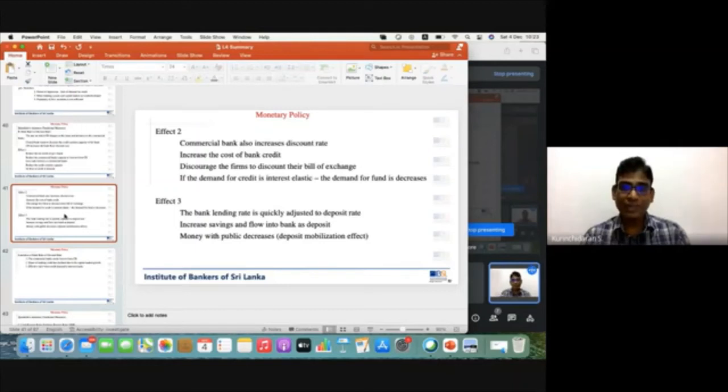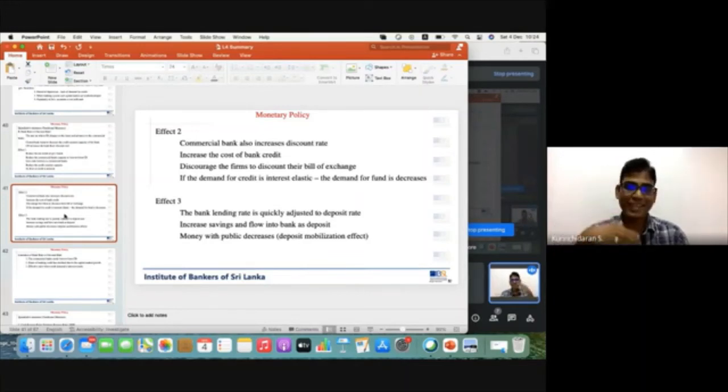So then the demand for funds decreases. I have given a condition that demand for credit is interest elastic. Normally demand for credit is interest elastic. That means when the interest rate goes up, demand for credit will come down. When interest rates come down, demand for credit will go up.